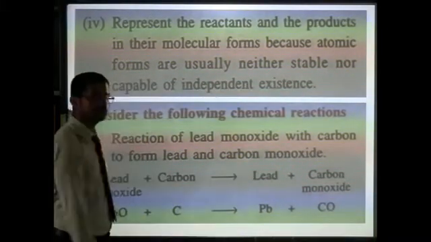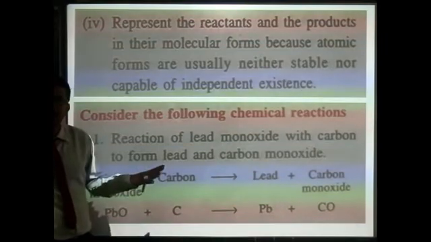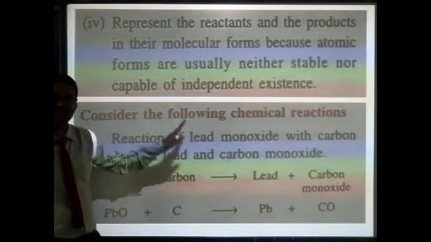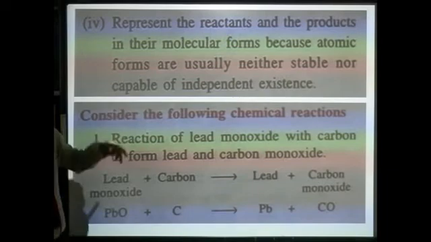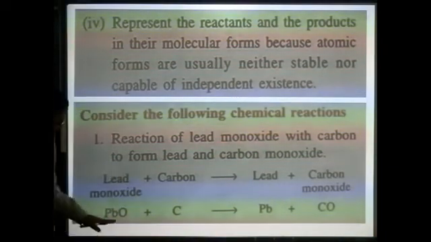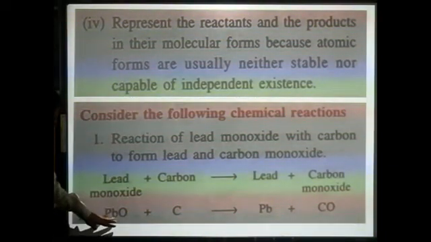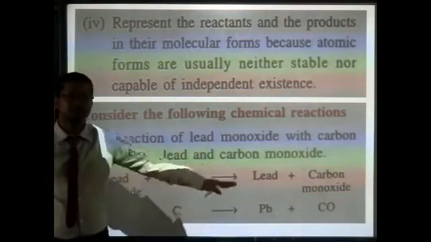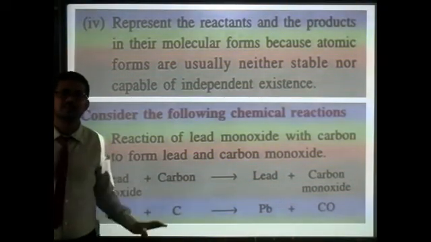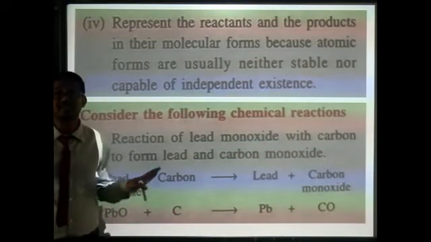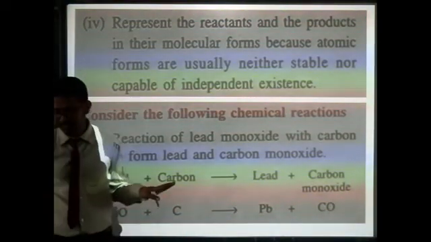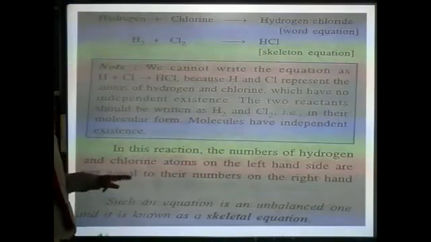Put an arrow in between the reactants and products. Step number 3 is done. Then what is step number 4? Write the reactants and the products in their molecular form. So step number 4 is also complete. This is the way we write a chemical equation.